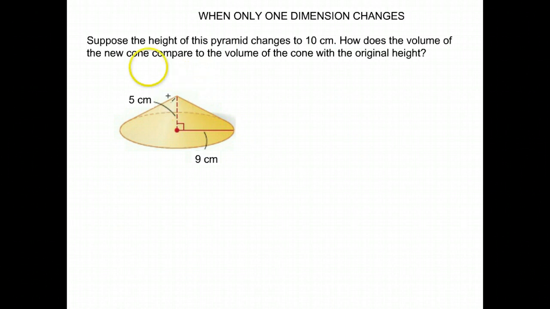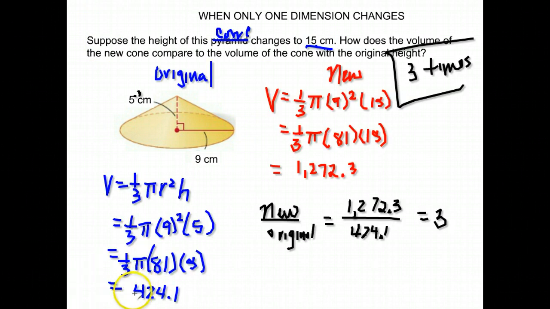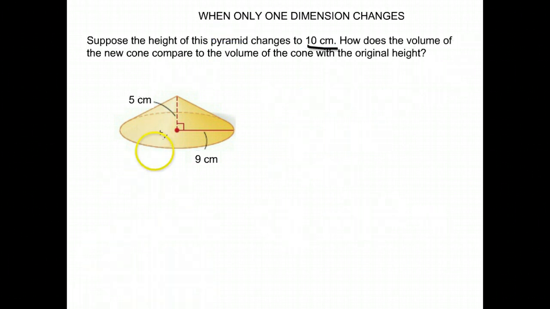Okay, so let's try that again, but this time let's change our height to 10 centimeters. So let me go back and see what our original volume is so we don't have to calculate that all over again. We're using the same figure, so our original volume is still going to be 424.1. Okay, now let's find the new volume.